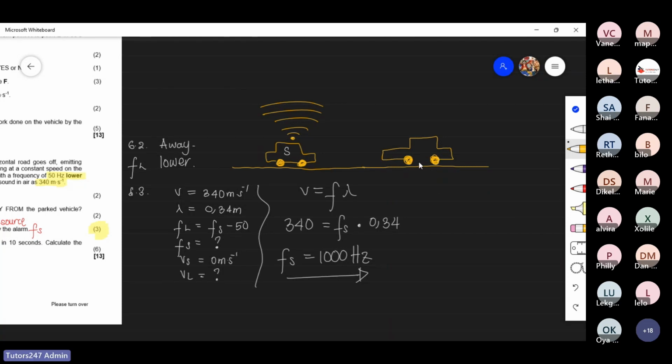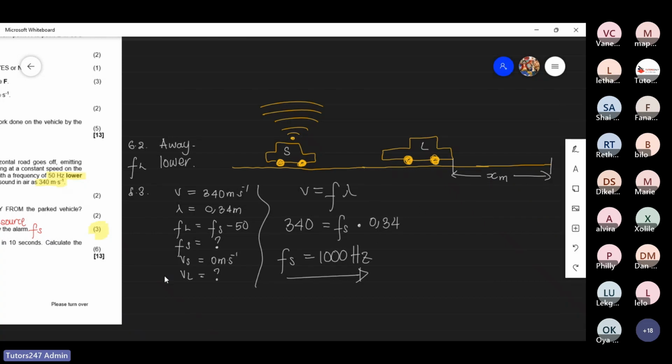This is our patrol car that's moving away. This is our listener. The question stated that this patrol car moved a distance of X meters away within a given amount of time.